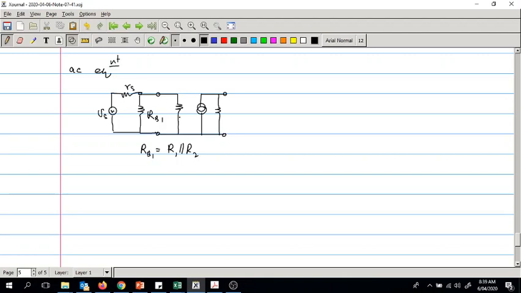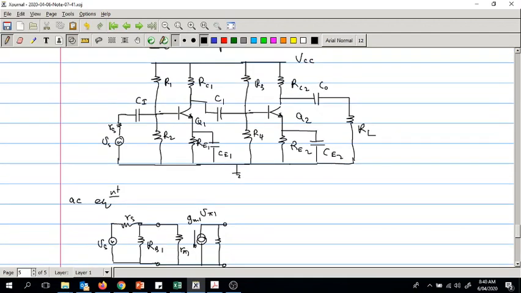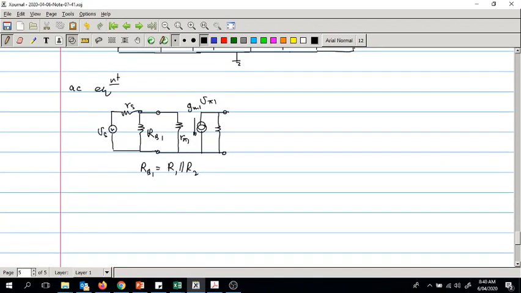Let's assume that it is the same transistor, or R pi 1 actually, for the first transistor, and you have gm1 V pi 1, the usual parameters or representations. And on the output side, this is bypassed, so this becomes the ground. RC1 is there.